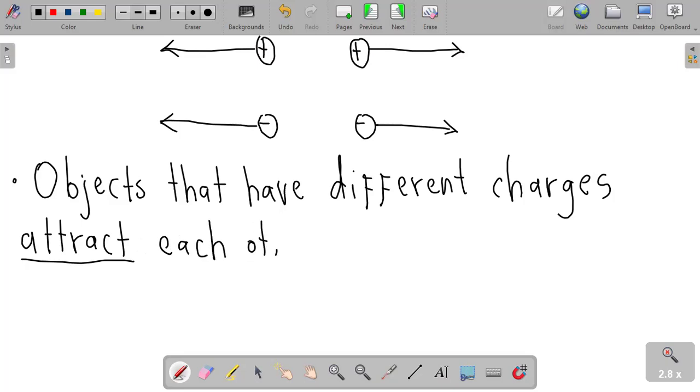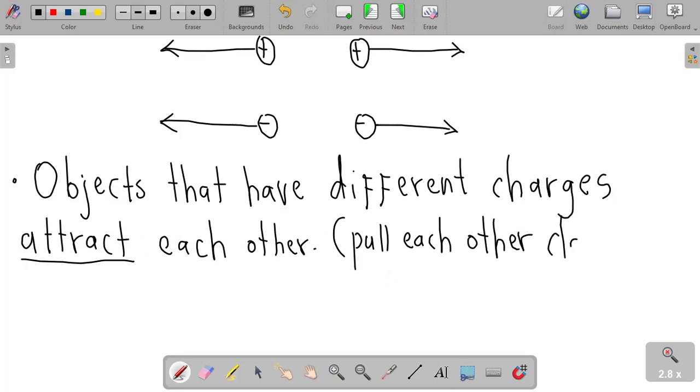We can say they attract, or we can say they pull each other closer.